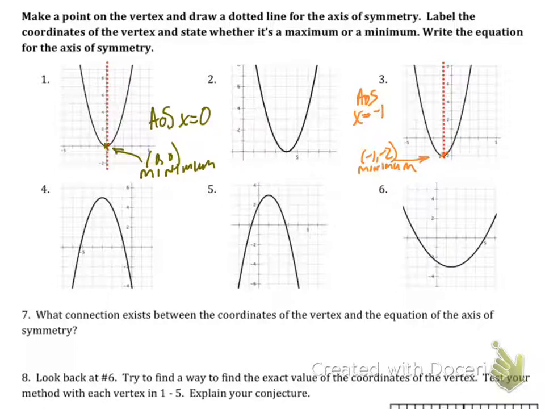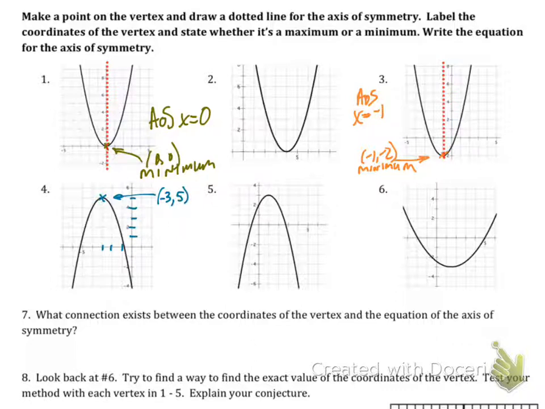Let's take a look at number 4. First up is identifying the vertex. So here's my vertex here at the very top. And that vertex will be at -3, 5: 1, 2, 3, 4, 5.